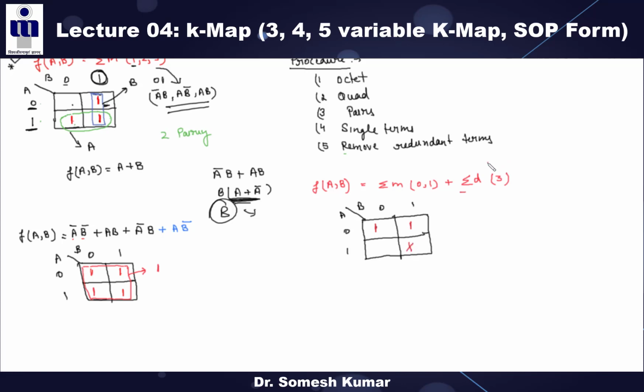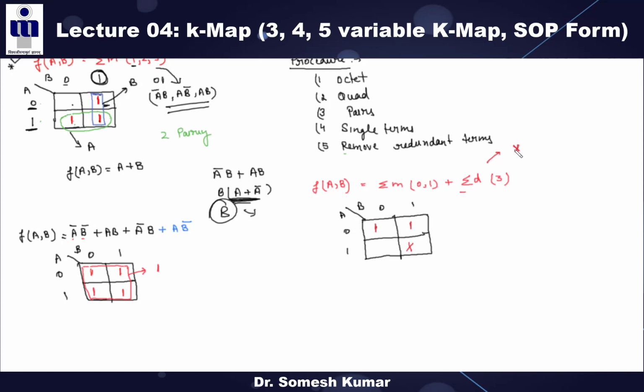Don't care we generally represent with a cross X. Now tell me: the don't care condition we have to assume only when, by using that don't care, your function can be minimized; otherwise we have to ignore that condition.